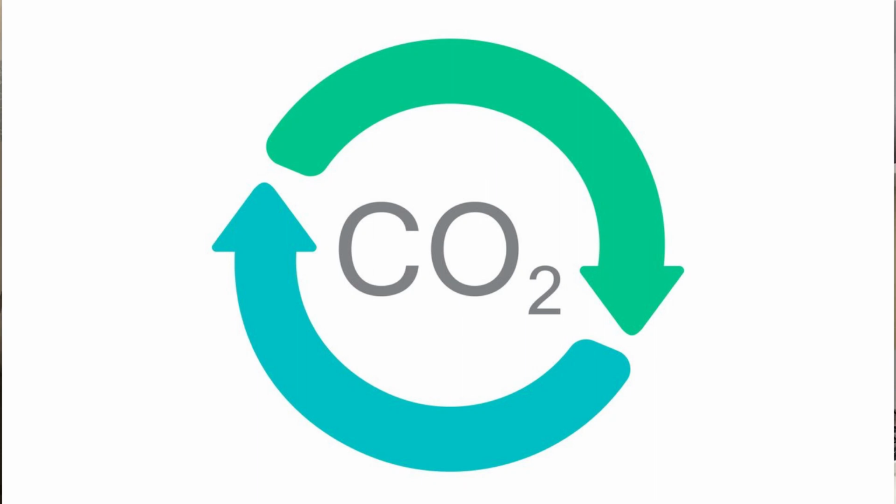The ball and stick model also shows us the relative sizes of the atoms within the molecule. The carbon atom is slightly larger than the oxygen atoms, which helps us to understand the way the molecule is structured. One interesting thing about the ball and stick model of carbon dioxide is that it helps us to understand the way that the molecule reacts with other molecules.